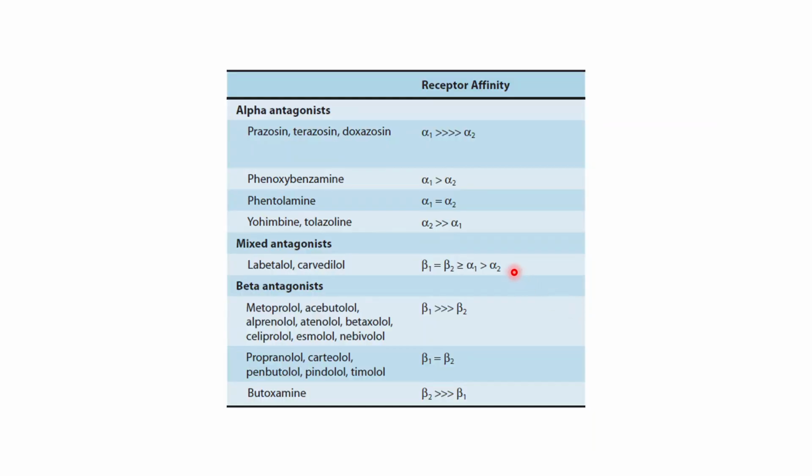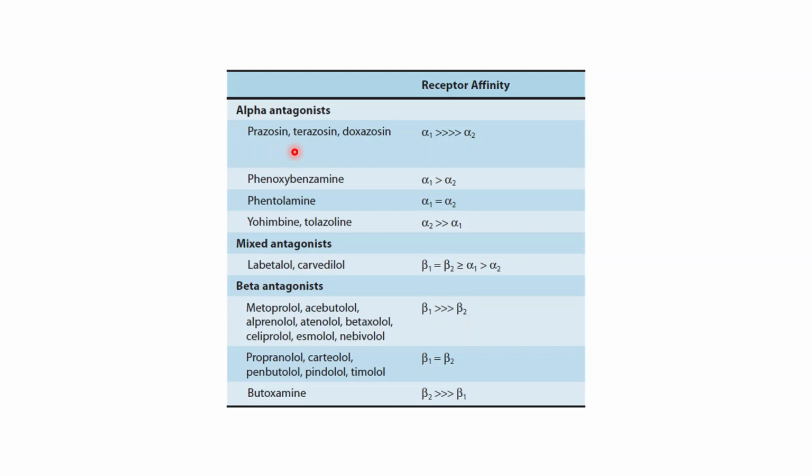So alpha 2 receptors are much less, thousand times less, blocked by prazosin than alpha 1 receptors.